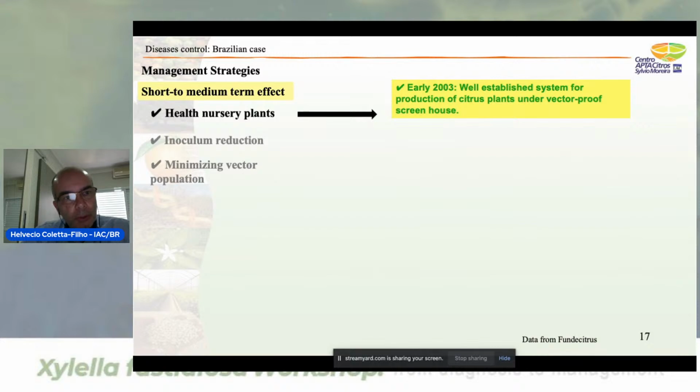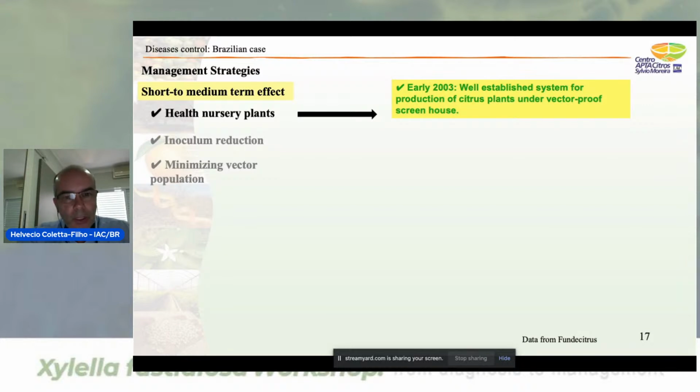You call the short to medium term effects of these strategies. In fact, you put in some slides about the long-term effect, which was related to the breeding programs being conducted at the Citrus Center. It is the same strategy that Rodrigo Krugner told you about in grapevine.